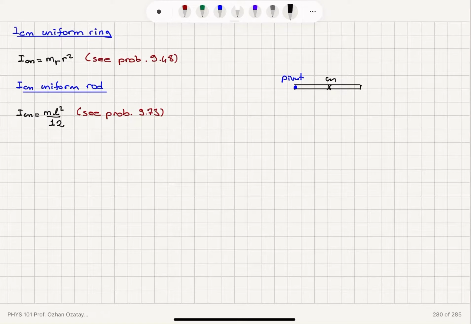The moment of inertia for rotations about an edge will be equal to I center of mass plus m L squared over 4. Why? Because the distance between these two rotation axes is equal to L over 2. Okay, so it was I center of mass plus m d squared.